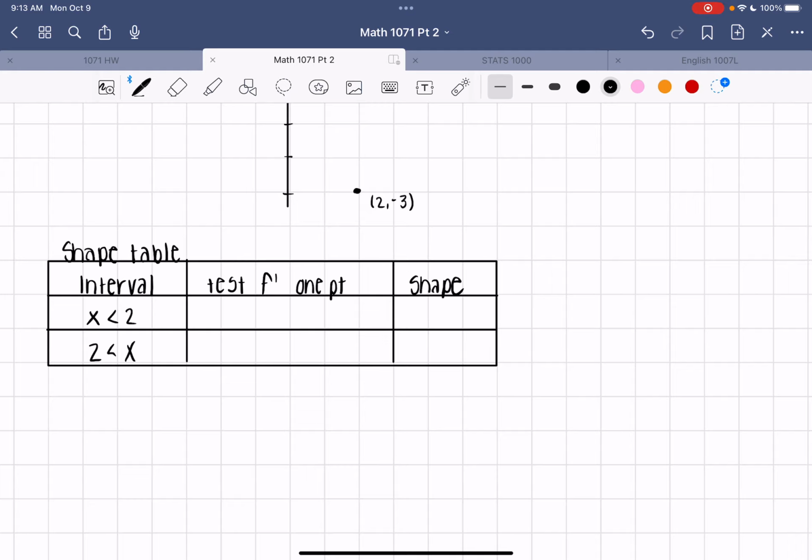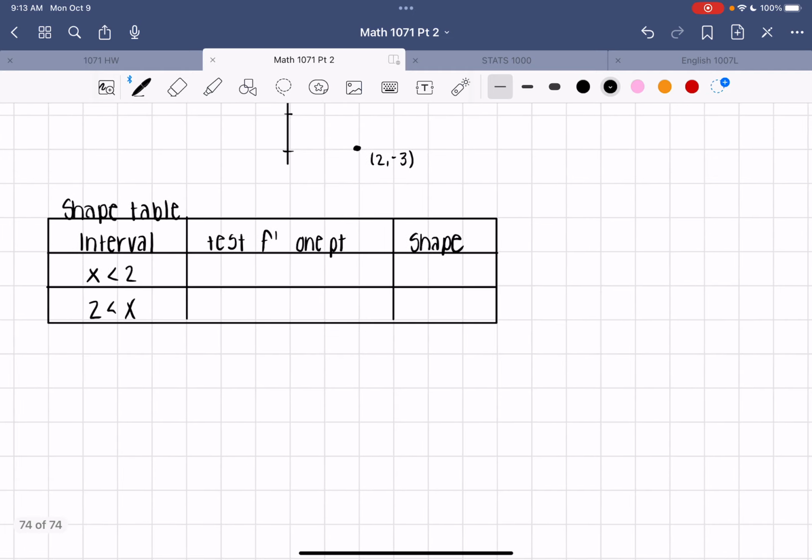And so now all you have to do is sketch. And I'll take a different color. So here on the left, I want to sketch a decreasing curve that ends in that critical point.